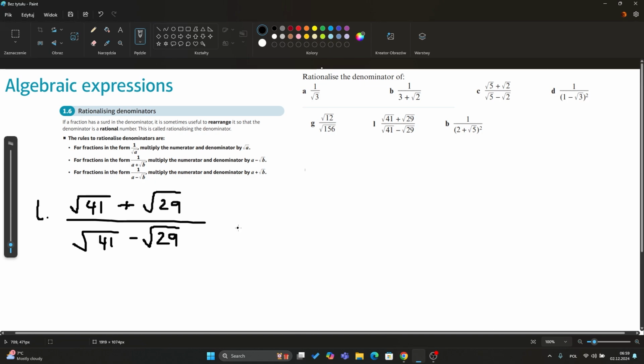Now we're dealing with square root of 41 plus square root of 29 over square root of 41 minus square root of 29. So here we're going to rationalize the denominator by multiplying the top and the bottom by square root of 41 plus square root of 29. So, like so.